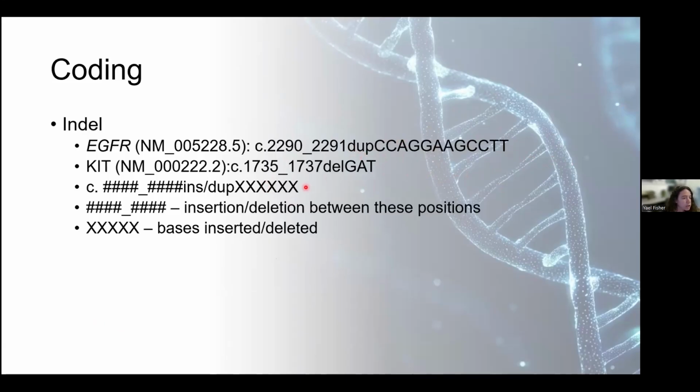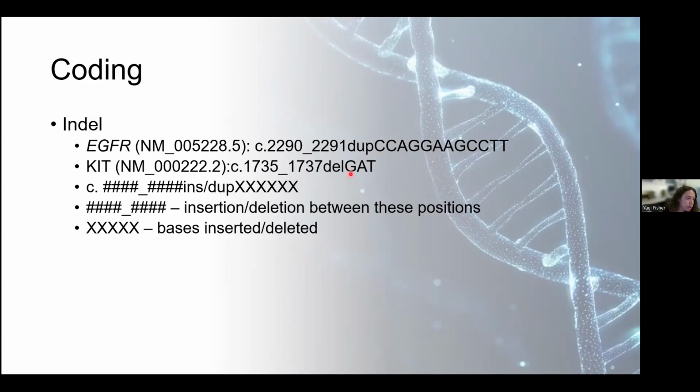In the case of deletion, we start with the deleted base pairs. So in this case, the range is between 1735 and 1737. We have 3 base pairs that are deleted, and these are the 3 base pairs.